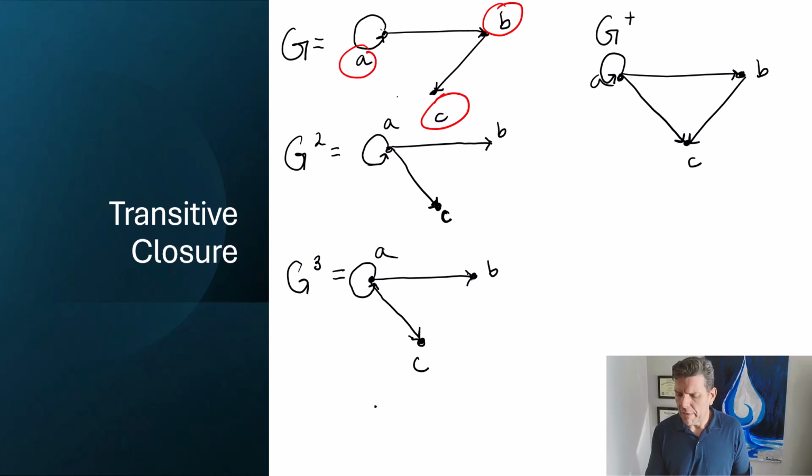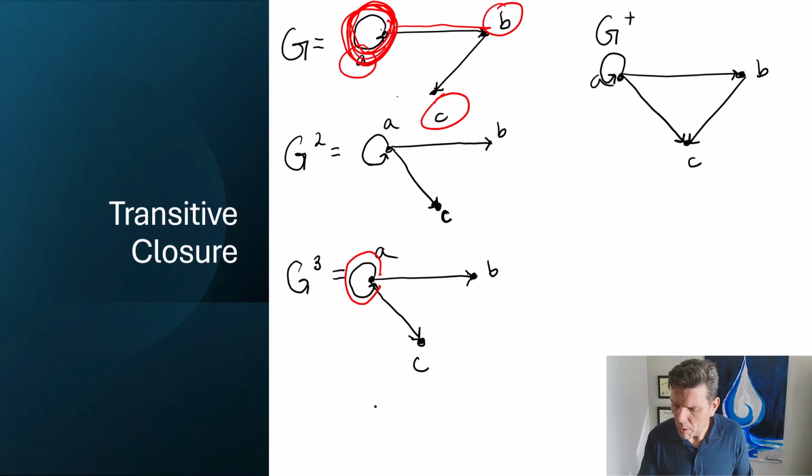We figure out that G cubed is going to be all the walks of length 3. So we could do the self loop 3 times, hence the self loop for A. We could do the self loop twice and go A to B, which would be another walk of length 3.